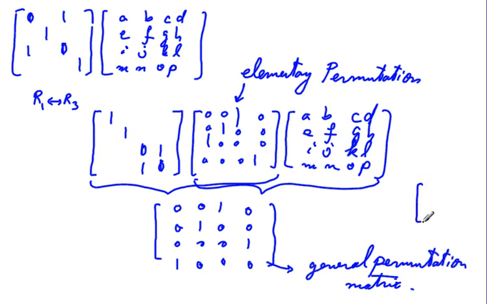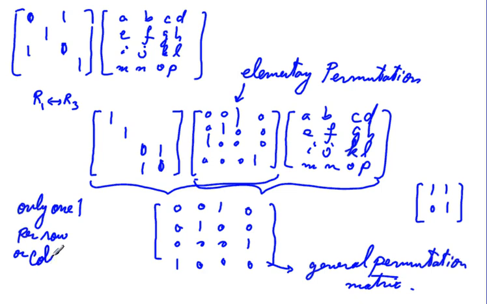For example, would such a thing be a permutation matrix? No. What is it that you expect about the number of ones? There is only one per row and column. That's actually the definition of a general permutation matrix. There is only one 1 per row or column of a general permutation matrix.